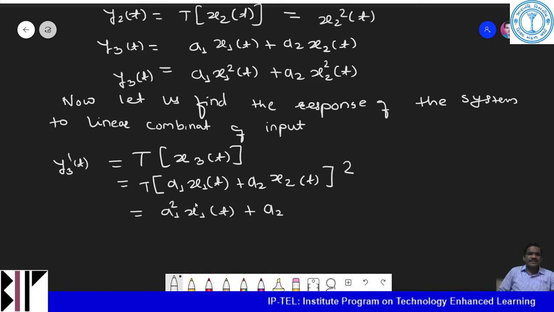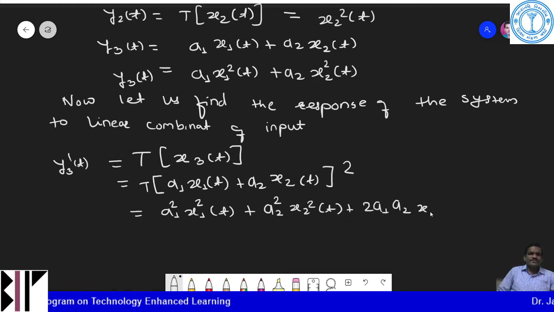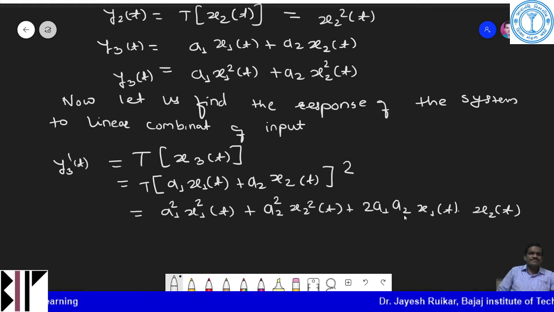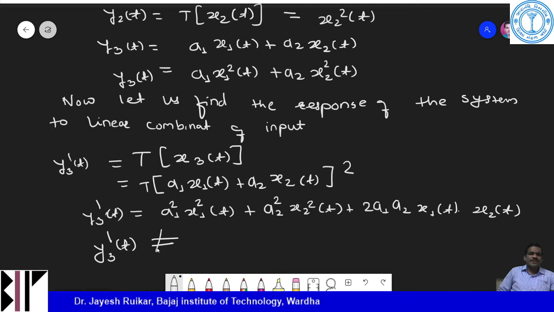a1 square x1 square t plus a2 square x2 square t plus twice of a1 a2 x1 t into x2 of t. This is your y3 dash of t. So y3 dash of t is not equal to y3 of t.